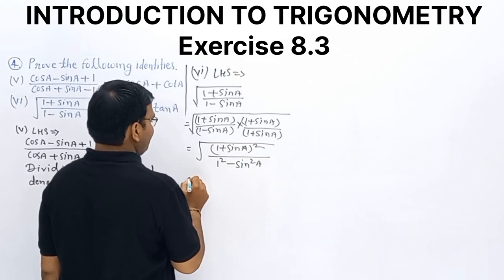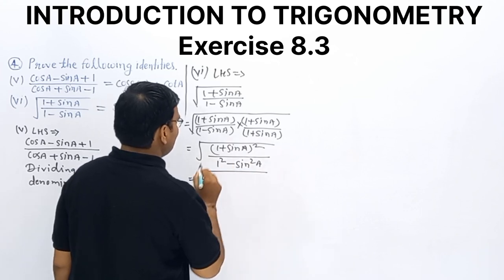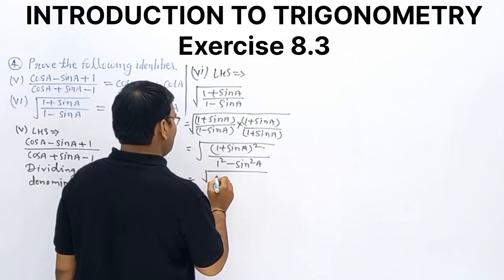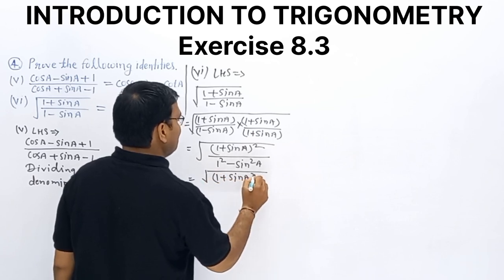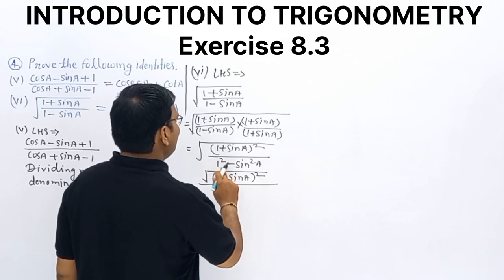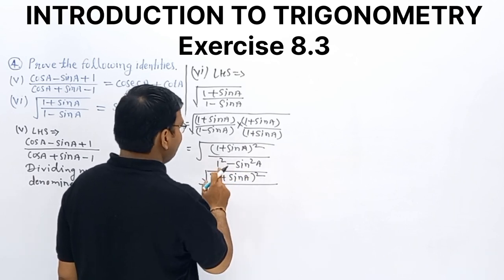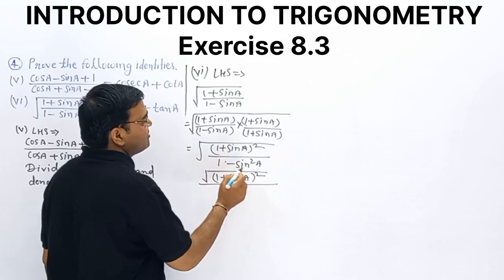Now I am splitting the square root. Now (1 plus sin A) whole square divided by 1 square minus sin square A. 1 square is 1.